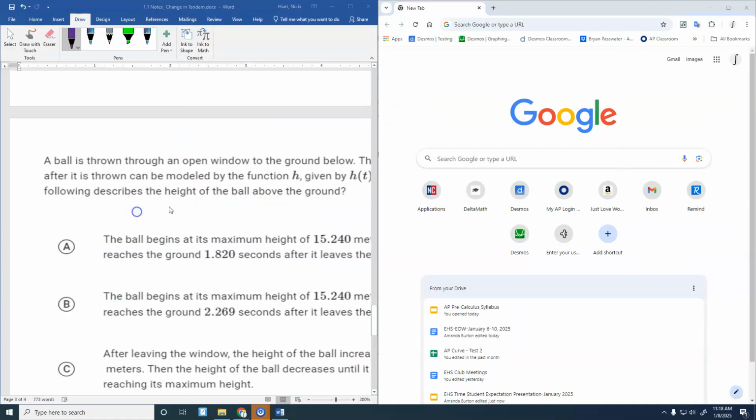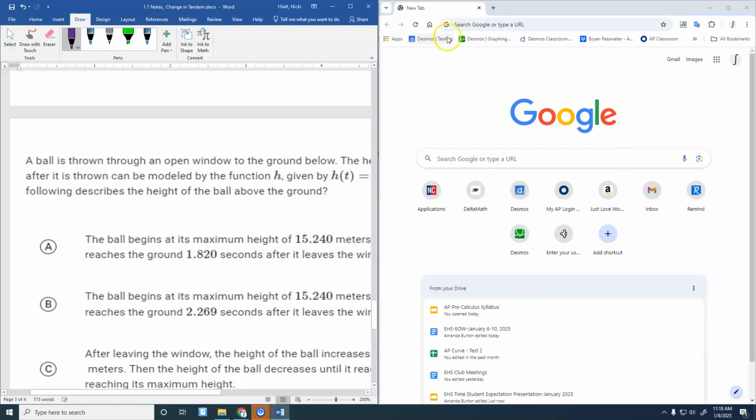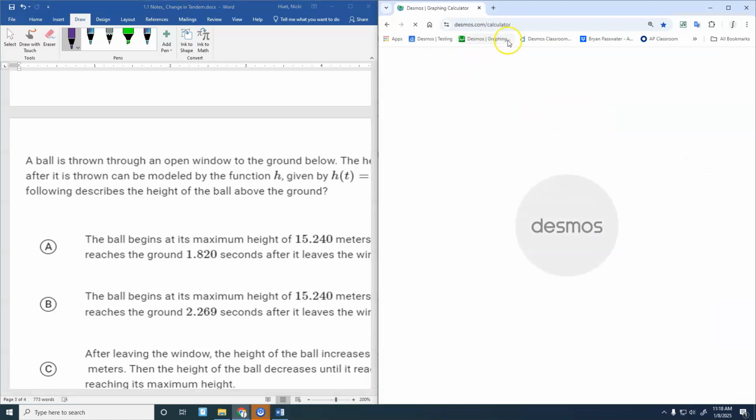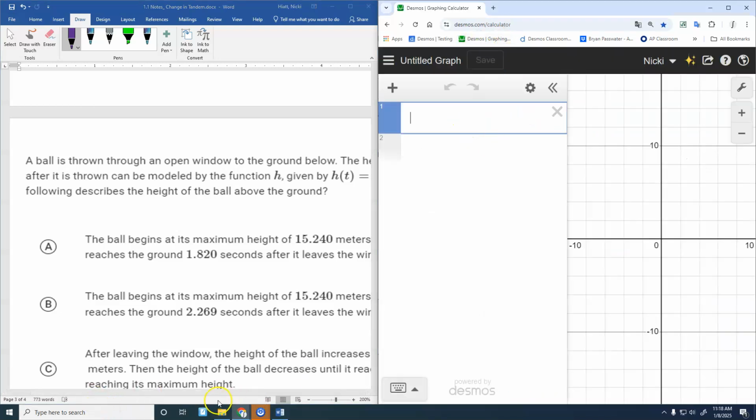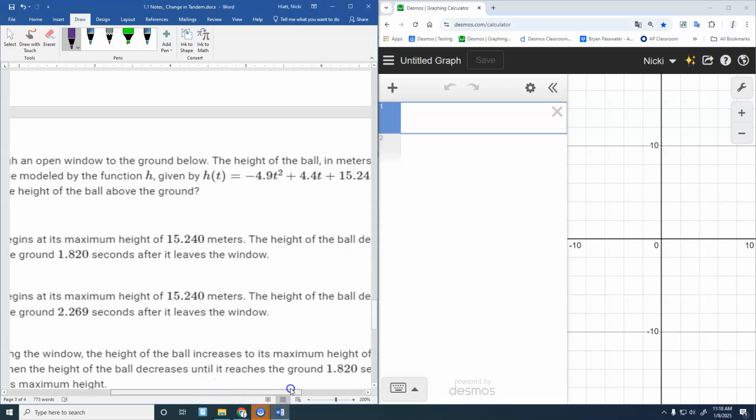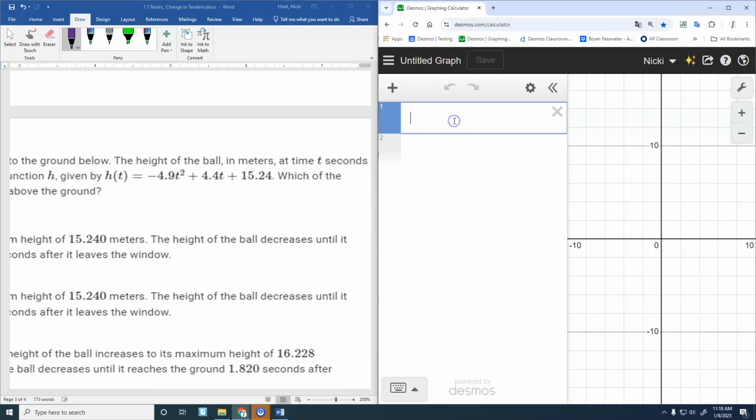I realize it's about time to go. But all you will do for this is just type in the equation. You will probably need to use X instead of T. Sometimes it doesn't like the T's.